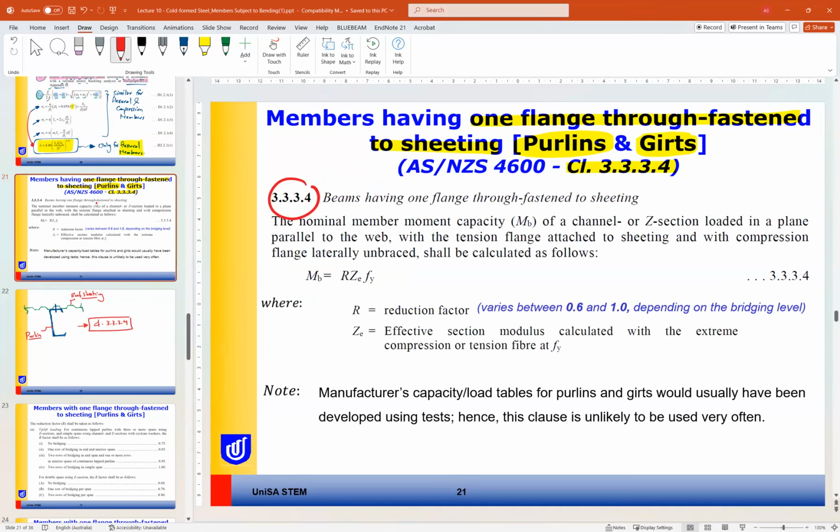So for beams having one flange through fastened to sheeting, the nominal member capacity, moment capacity, MB, of a channel or Z section loaded in plane parallel to the web with the tension flange attached to sheeting with the compression flange laterally unbraced shall be calculated as follows.